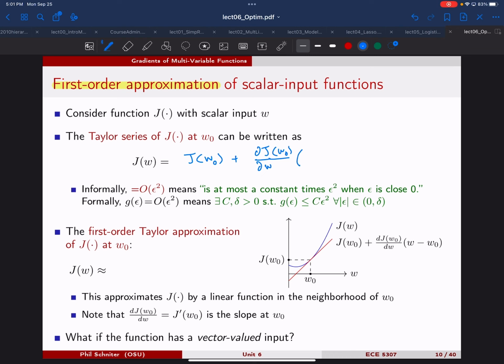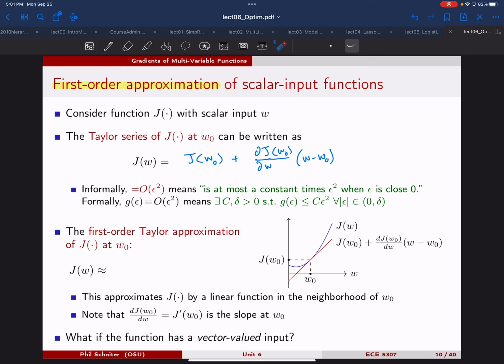So that's going to be the slope, and then we have the deviation. So w is the variable of this new function. This is the reference point. This is how much we deviate from the reference point, and this is the steepness of the function, the slope of the function at that reference point.